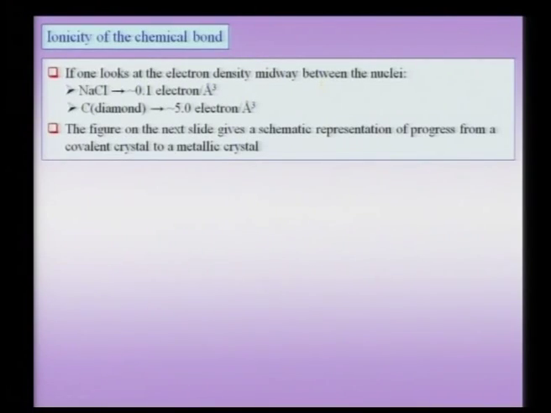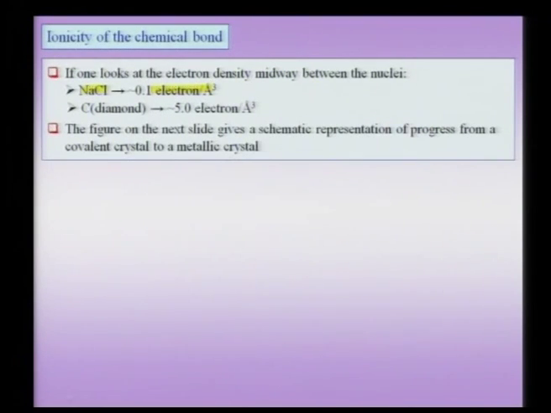Now, at least approximately. To understand more quantitatively what is meant by the ionicity of the chemical bond, look at the electron density midway between two nuclei. In the case of sodium chloride, which as I said is a very good example of an ionic bond, the electron density is 0.1 electron per angstrom cube.